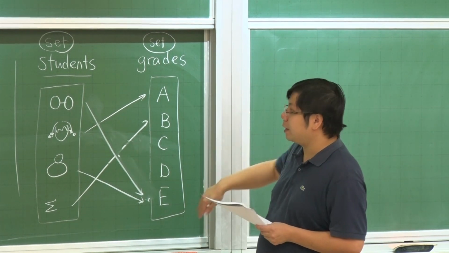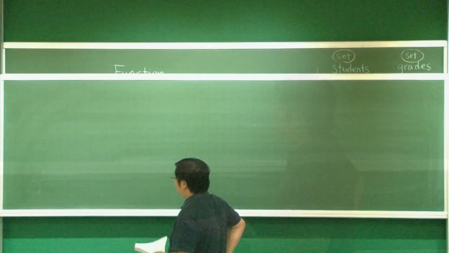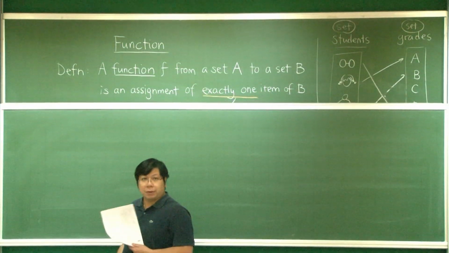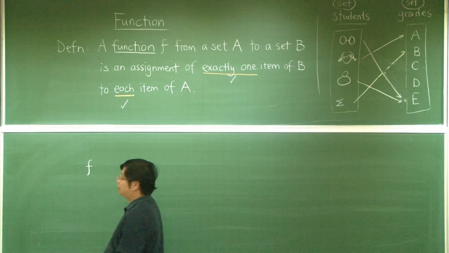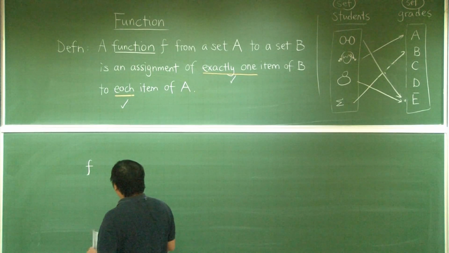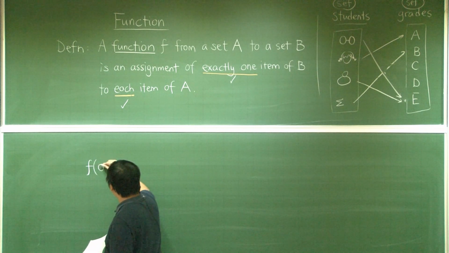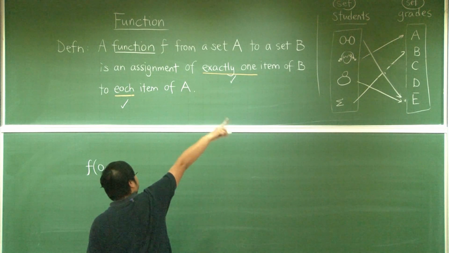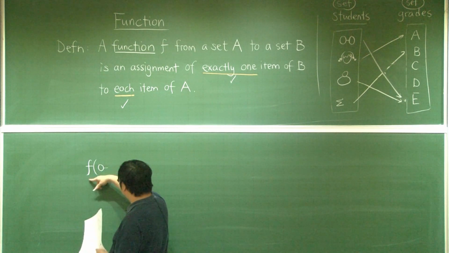Now, once we have defined a function, there are some terms that I want to introduce. First of all, a function will have a name. So here in our function, let's call it f. Then this function has this property. We can describe the relationship using this representation.